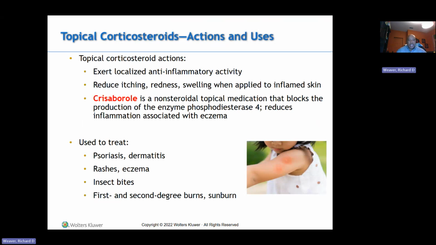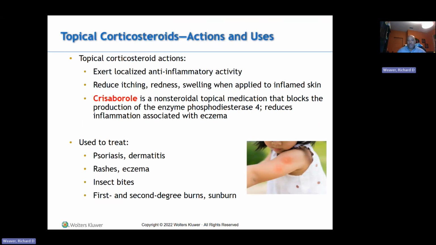All right. Now, these are the topical corticosteroids that we use for skin conditions. Topical corticosteroids vary in their strength or potency. It really depends on the concentration or the amount of the drug that is being used.